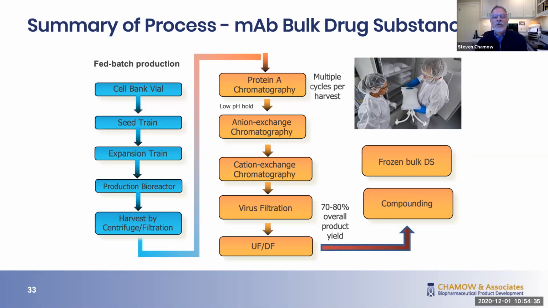And then cation exchange chromatography for final polishing to remove aggregates, or as I said previously, if this were a bispecific process, it would look similar, assuming that it's a full-length bispecific that binds to protein A, where the cation exchange column, which is in the final polishing role here, would be the column that is most effective at removing product variants. That's followed by virus filtration, typically 20 nanometer virus filtration.